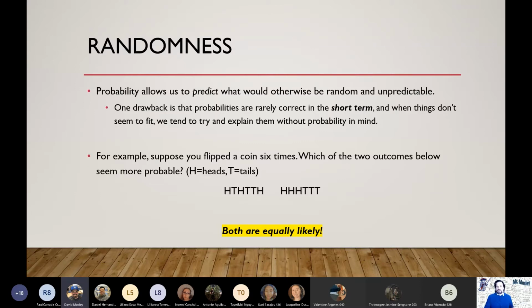They're the same outcome. There's six flips of a coin. We got 3 heads, 3 tails in both. So they're equally likely because they're the same outcome. So that's a distinction you have to make when you're thinking about probability and likelihood, where the order in which things happen doesn't necessarily matter.